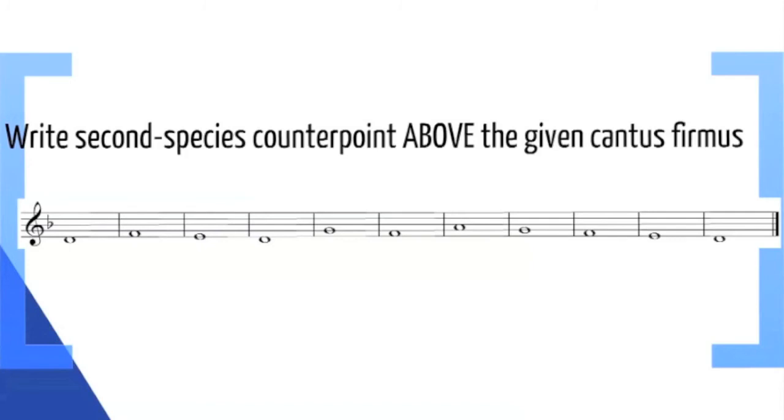And if they do not, please post to the discussion board to get some more clarification. In the meantime, take a minute to write down this cantus firmus and try writing a second species counterpoint above it. I will later today post a little tutorial about how to do that.